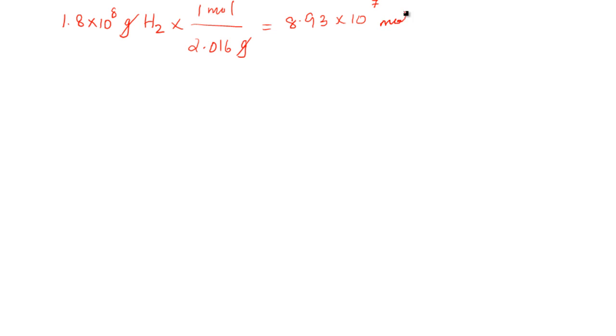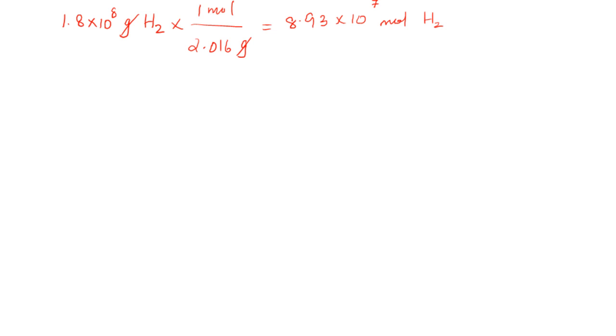Okay, so that is the number of moles of H2 I have. Now we can answer the first question. If I have 8.93 × 10^7 moles of H2, how many moles of oxygen do I need?